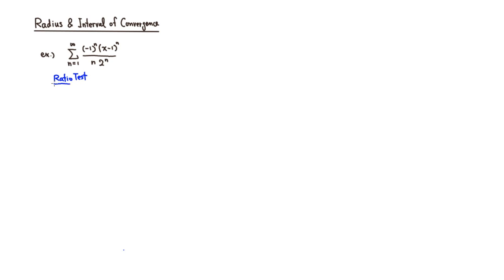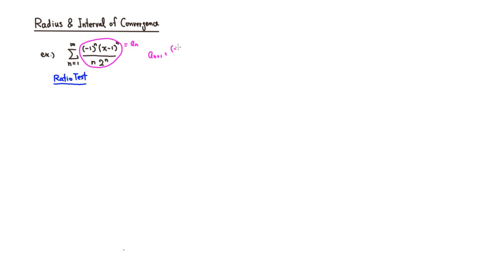You can think of this given expression as our a_n. Then we would have to do a_(n+1) over a_n. If you were to find a_(n+1), all you have to do is replace all the n with n plus 1.